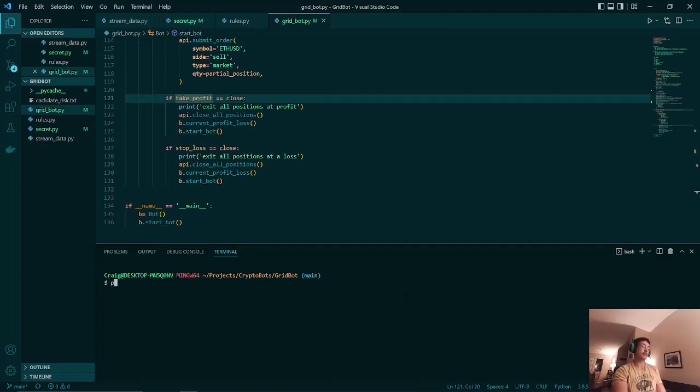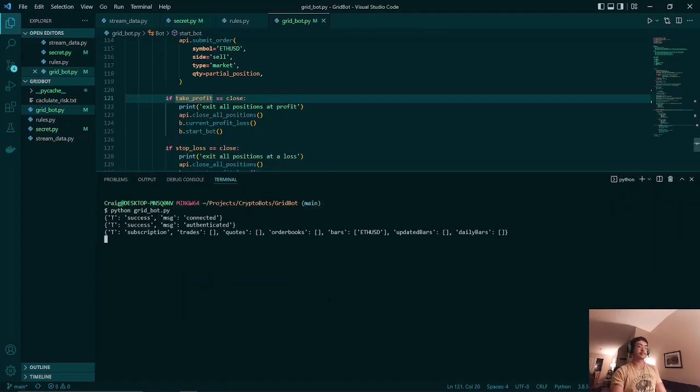But right now, let's just run our code. As you can see, it seems to be working. We have our initial connection, and we're authenticated, and then we have our subscription message. As you can see, we just have our bar data, and it is Ethereum USD.